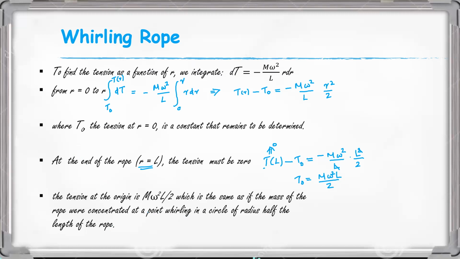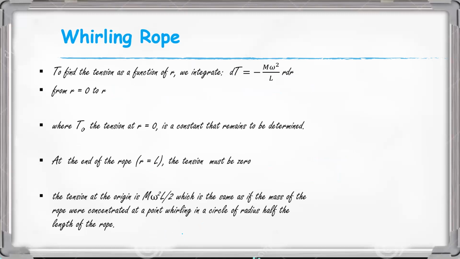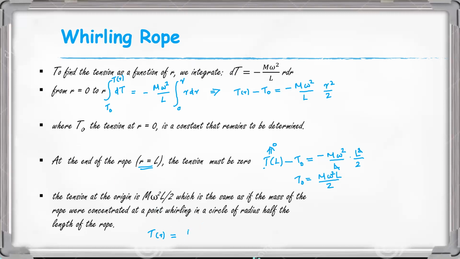T of r is equal to T0, that is m omega square L divided by 2, minus m omega square divided by 2L into r square, which we can write as m omega square divided by 2L into L square minus r square.